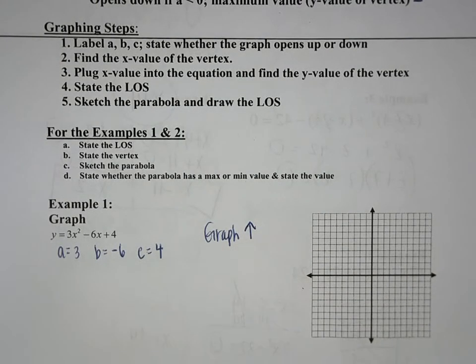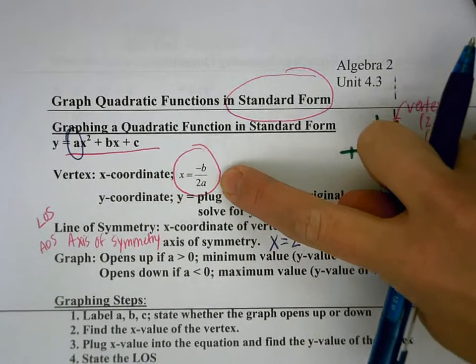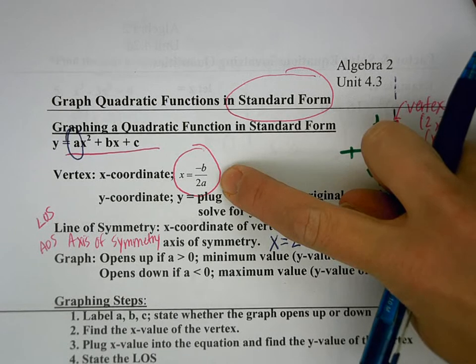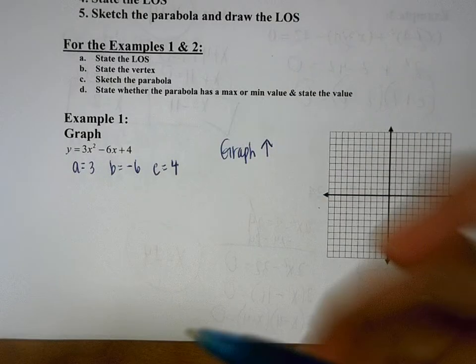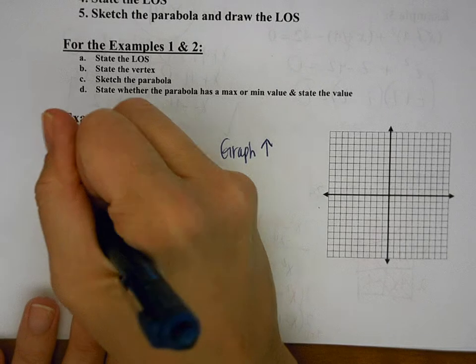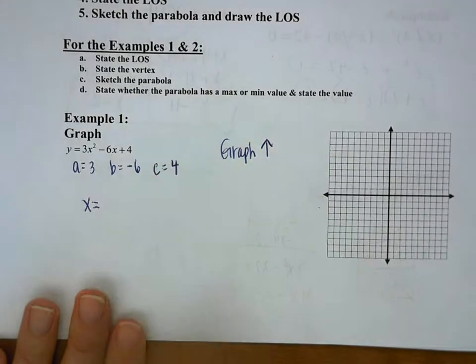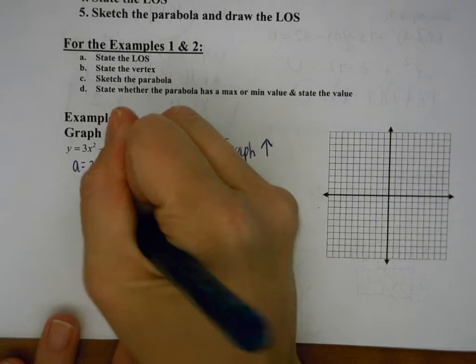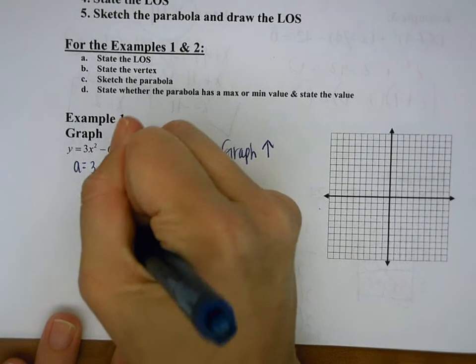Step 2, it says find the x value of the vertex. If you go back and look at your equation when you're finding the x value of the vertex, you're using the equation negative b over 2a. I would write that equation right now because then you're going to end up memorizing it if you keep writing it over and over again. Does that make sense? So I'm going to go x equals negative b over 2a.